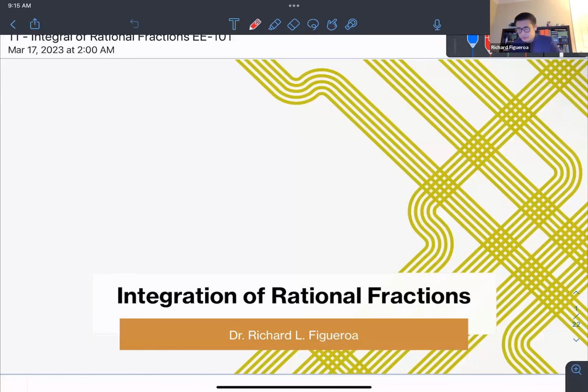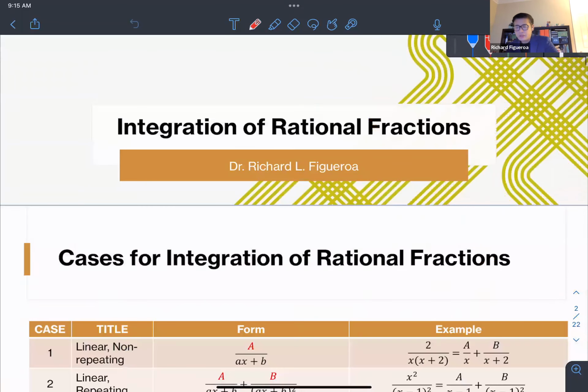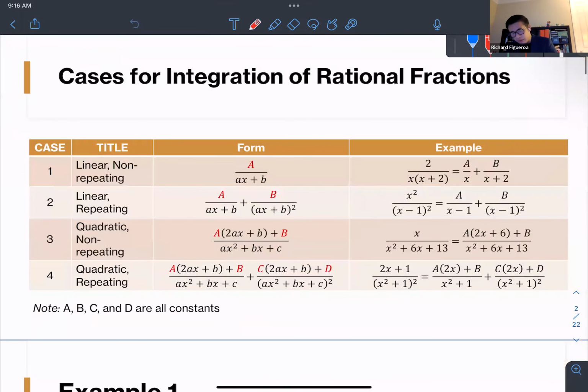Okay. So for the integration of rational fractions, the thing that we need to cover is how to decompose a given integrand into its equivalent partial fraction.